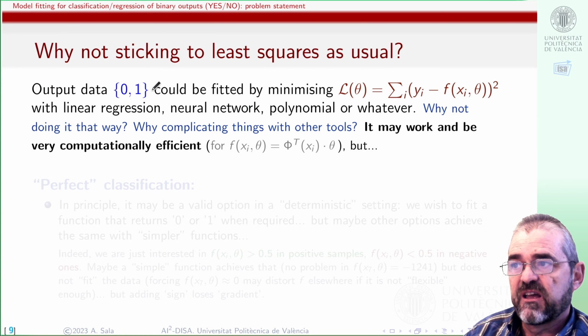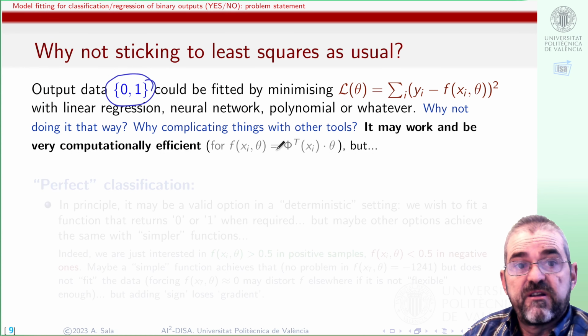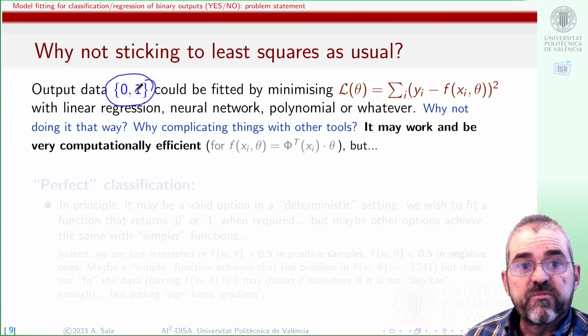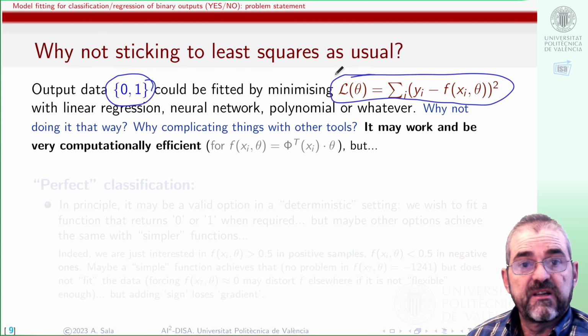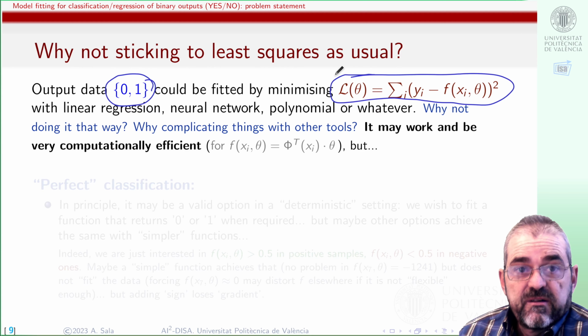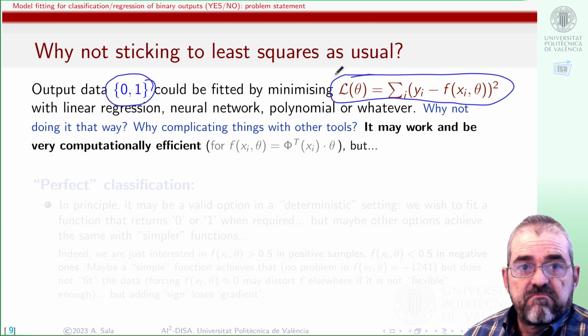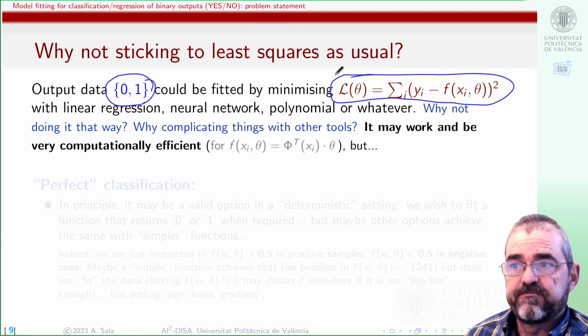I mean, if I have some data, even if they are 0, 1, or 0, 0.5, 1, 1.5, or -4, I can fit a least squares model by minimizing this loss function. Once I assign numeric labels, 0 and 1, why not use just least squares?